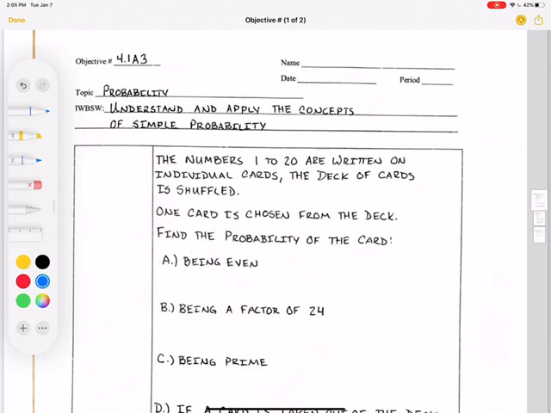So, first off, we have 20 cards. Actually, I'm going to write this up here.